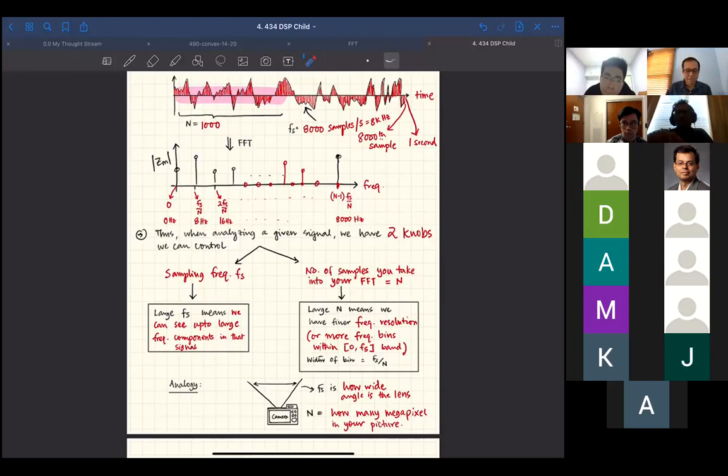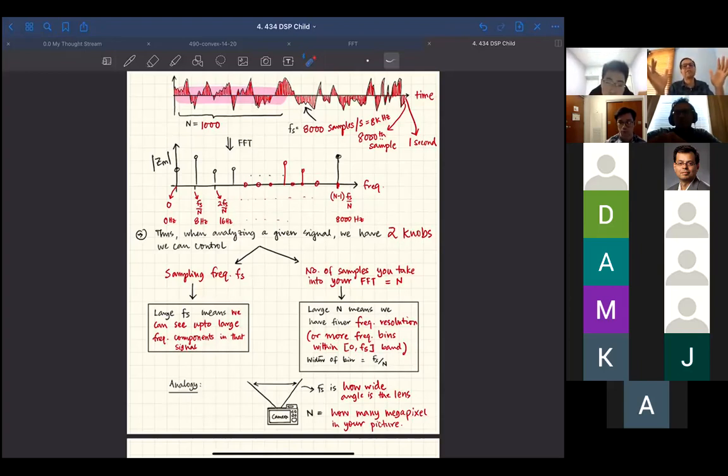No. Because once you pick Fs, the maximum frequency that you're going to see in the signal is fixed, which is this. The only thing that N will give you is you can divide 0 to Fs by N. So if the alien sends you a signal which has 1,000 hertz, and you sample the signal at 500 hertz, you'll not be able to see the 200 hertz and the 300 hertz components of that alien signal.